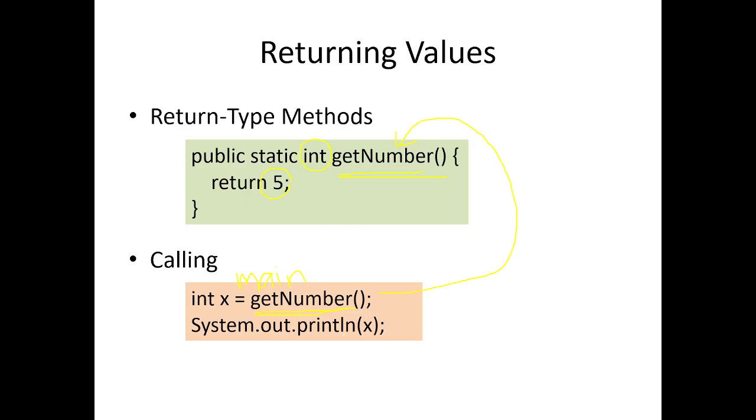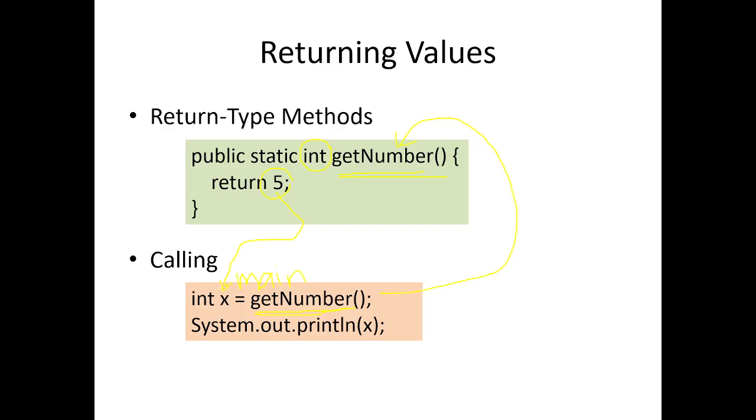So this is your main structure. Because this line is calling the getNumber method, the compiler will go to this getNumber structure. In this structure there is a return 5. So 5 will be accepted back in the main structure.